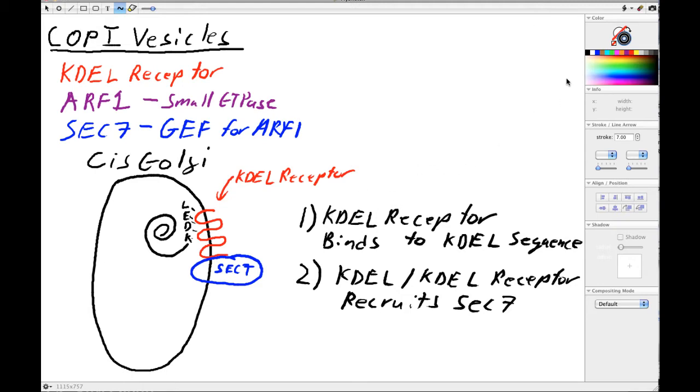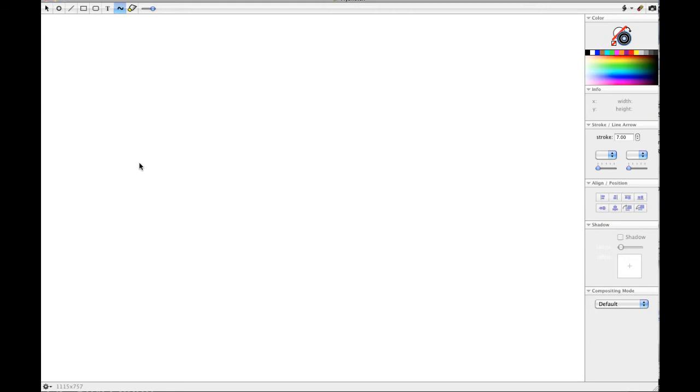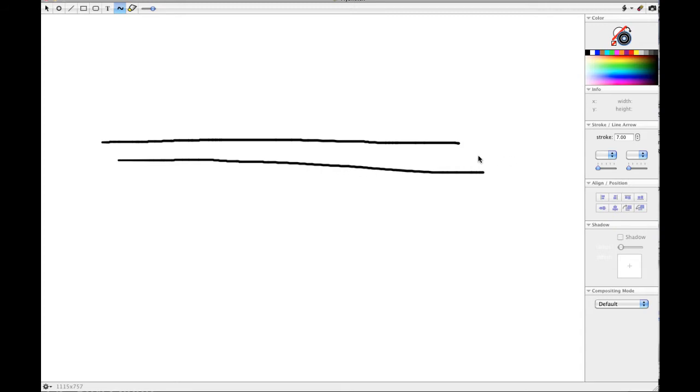So what happens next is, let's just clear this out. So what's step 2? If we look at it this way, we're going to do a blow up of what's going on at the surface of the cis Golgi. So this is the cytosolic side. This is the lumen of the cis Golgi. Right?